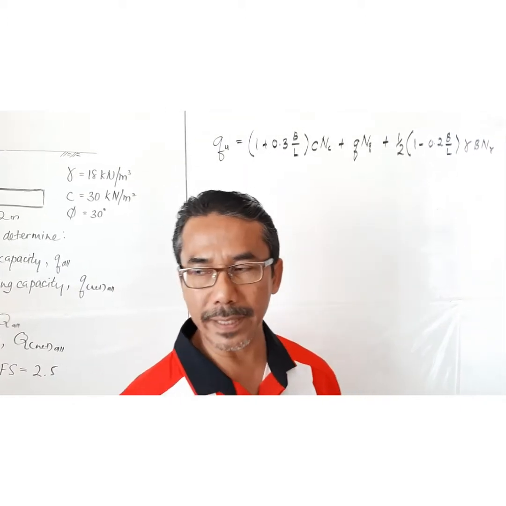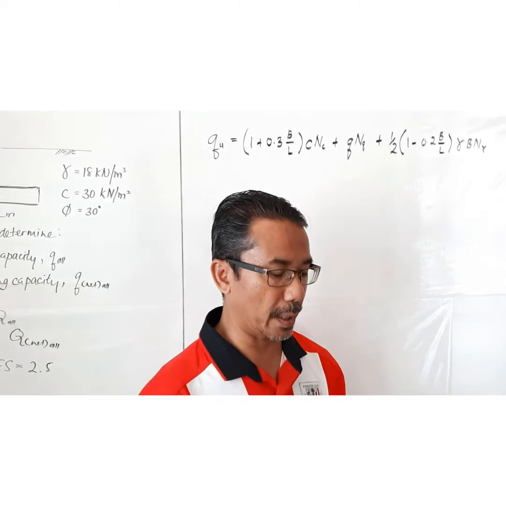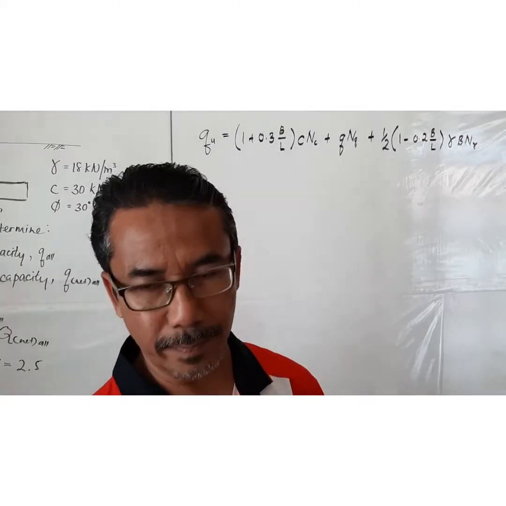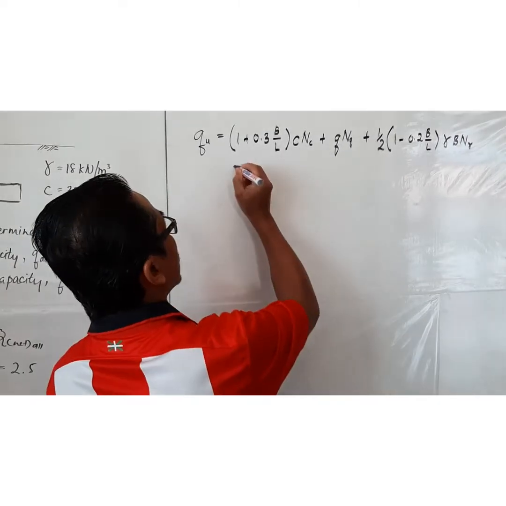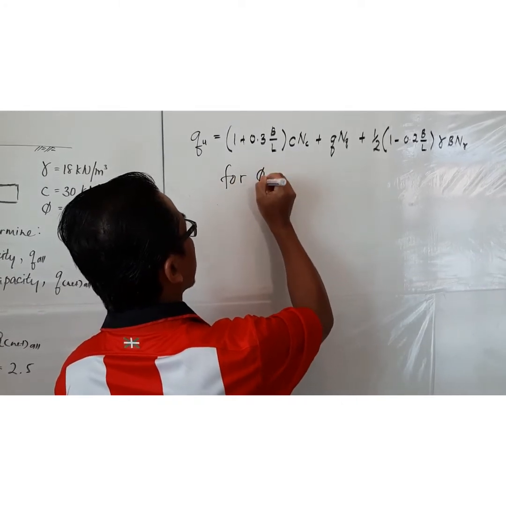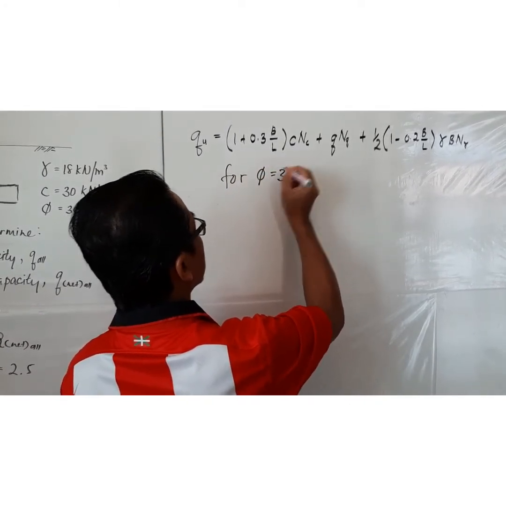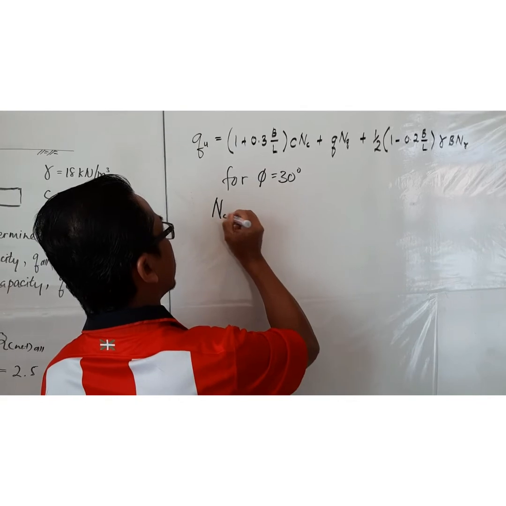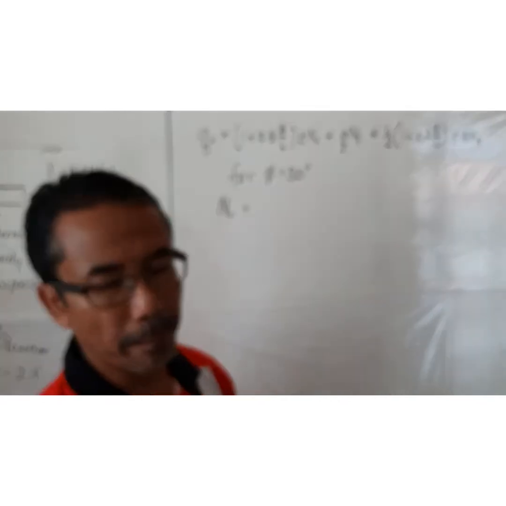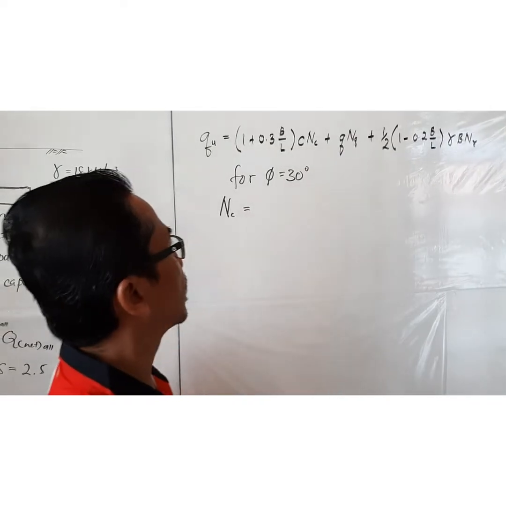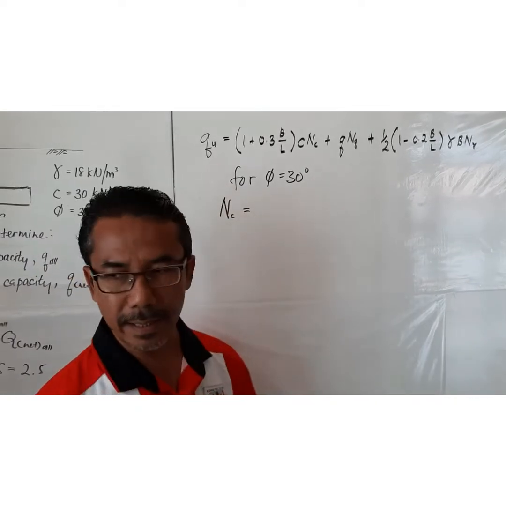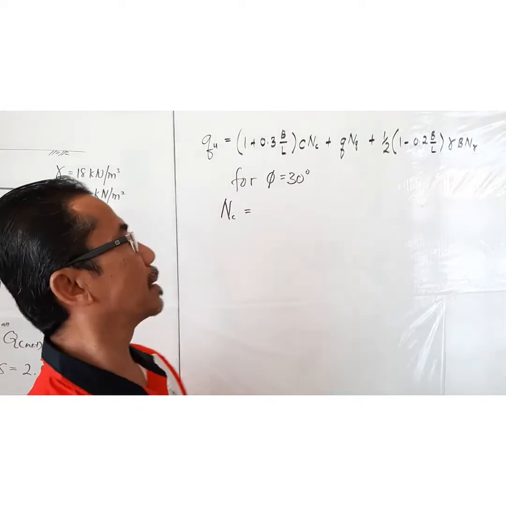Right. If you refer to your book on page 59, for friction angle equal to 30 degrees. Okay, everybody refer to your book, page 59, table for Terzaghi's bearing capacity factors. Right?